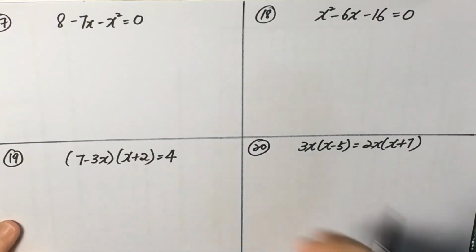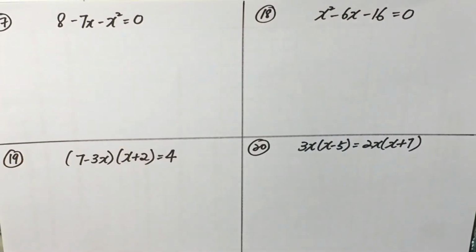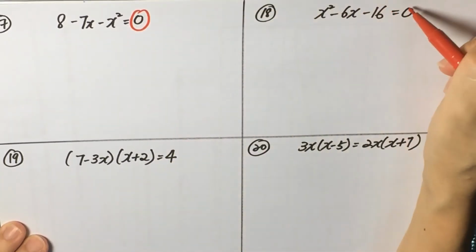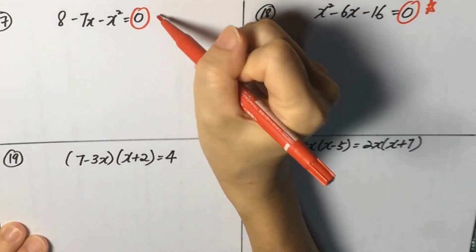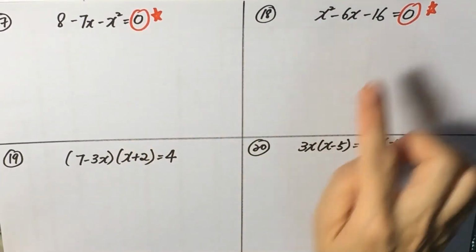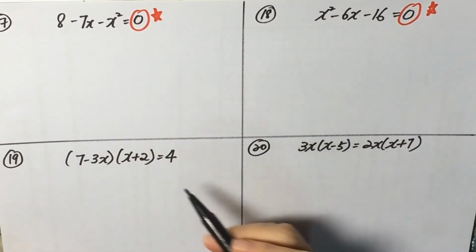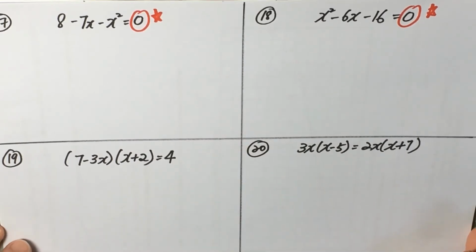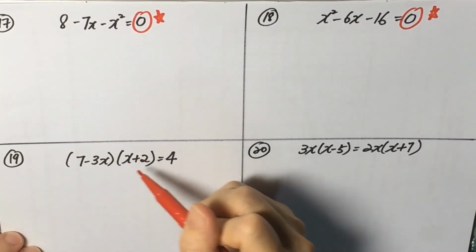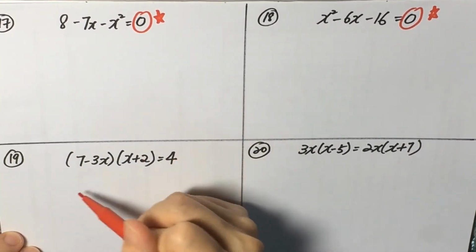Okay, last 4 questions. First of all, we check again whether we have one side of the equation 0. Okay, yes. For the first 2 questions, yes, but the next 2, no. So what we're going to do is expand out and then put the 4 on the other side.